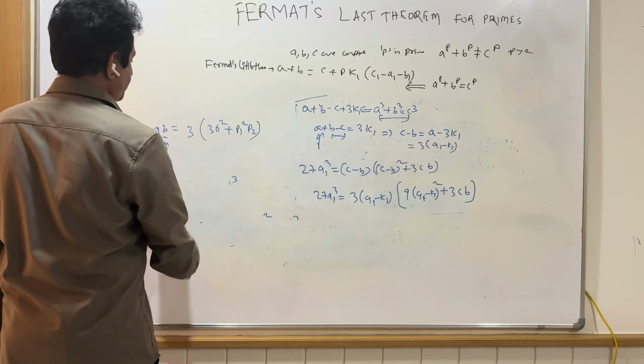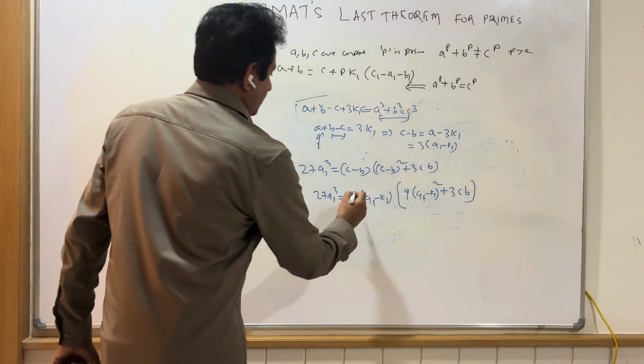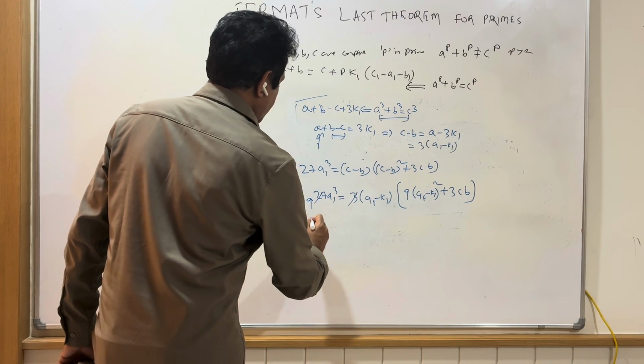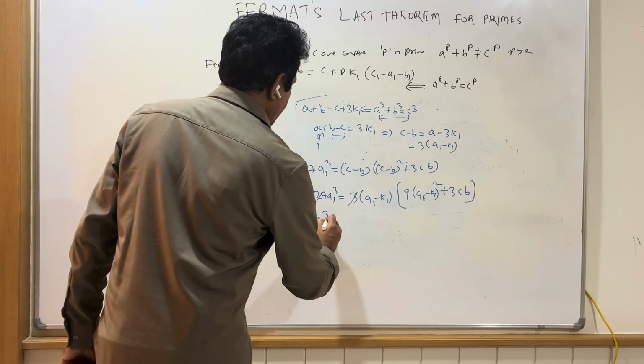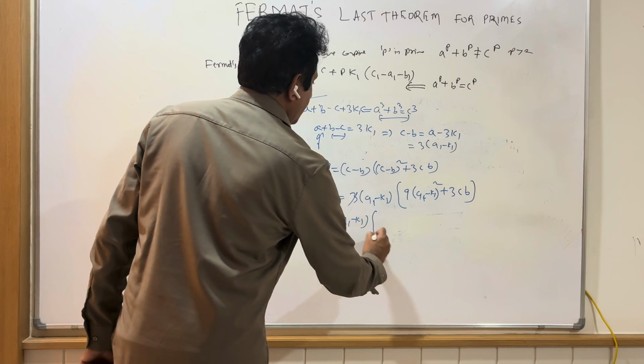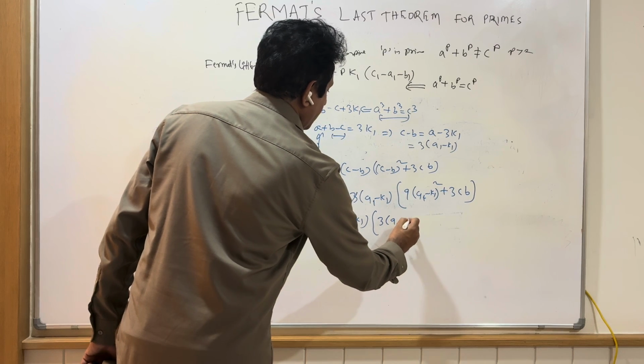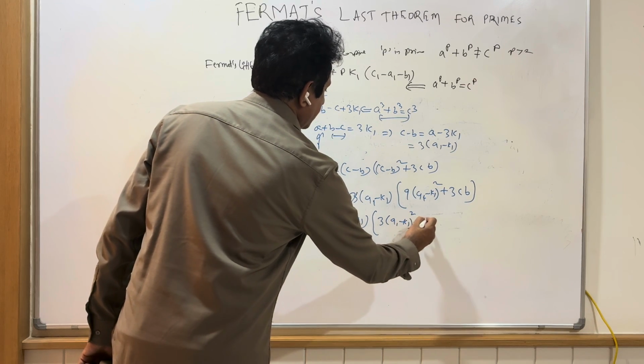So 9a1 cube equals a1 minus k1 times 3 into a1 minus k1 whole square plus cb.